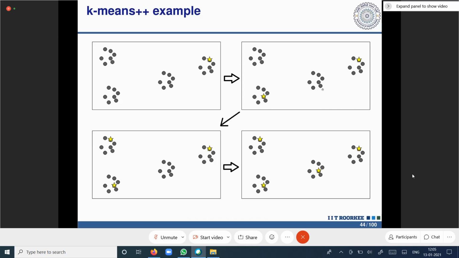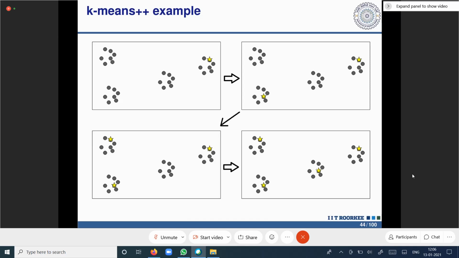Now once we have this, all these points will be very close to a star. So the probability of them being chosen as a new centroid is less, whereas these points do not have any star close to them, so their probability of being chosen as a seed is high. So next iteration we choose this, and in the next one we choose this.